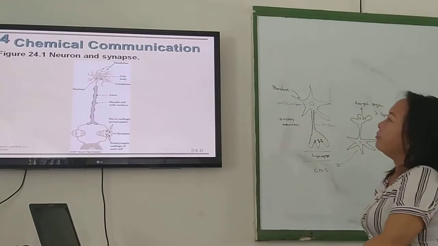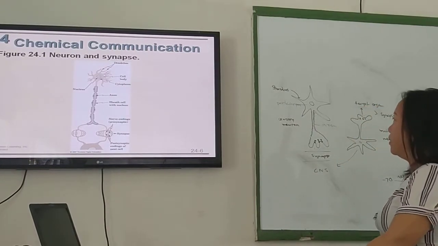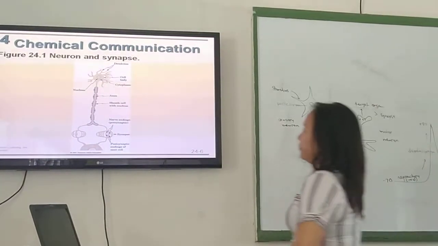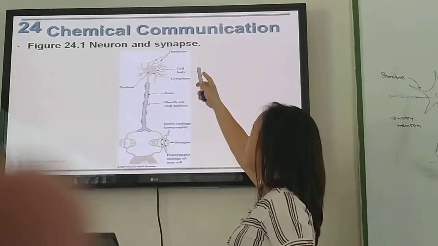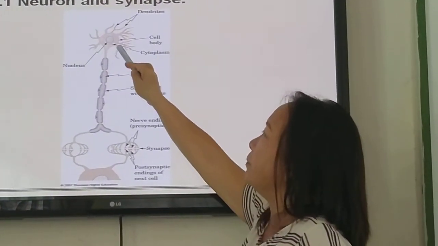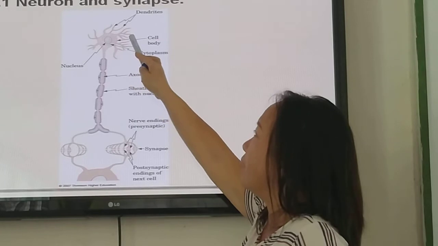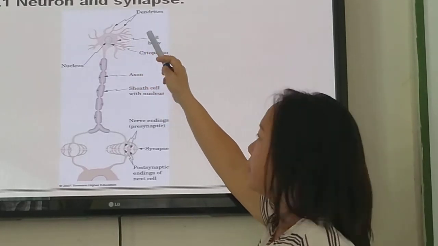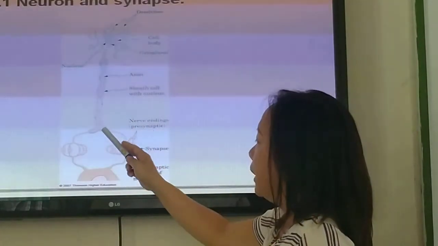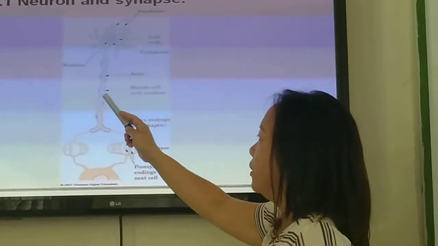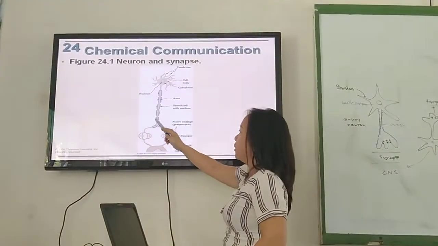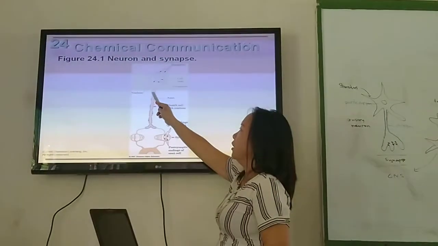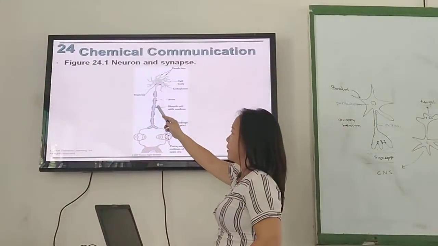Okay, now we have here the structure of the neuron. I told you this is the cell body, or we term that the perikaryon. And it has cytoplasm, the nucleus, and these finger-like projections called the dendrites. And we have the tail part, we call that the axon. Now this axon is myelinated with a myelin sheath, composed of these myelins.